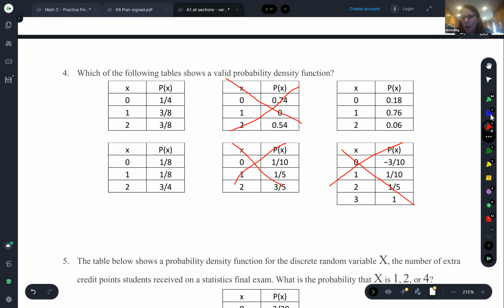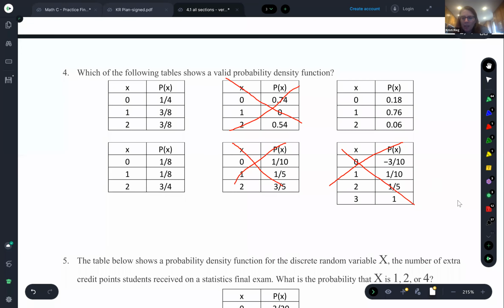So let's see, why are they not valid? Well, this first one up here, it's going to be more than 1. If you add all those 3 numbers up, the 0.74, just think of it as money, 74 cents plus 54 cents, that's more than $1. Doesn't work.